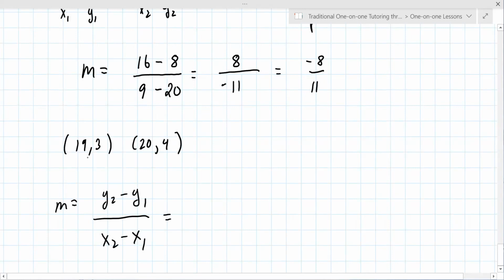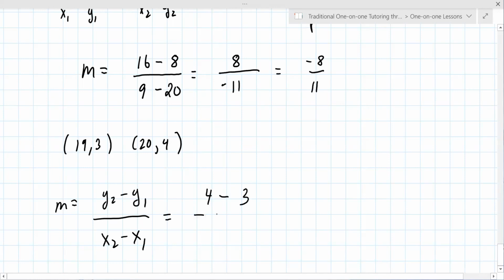What is your y2? Which one of these numbers is your y2? Can you tell me that? Y2 is 4. y1 is 3.